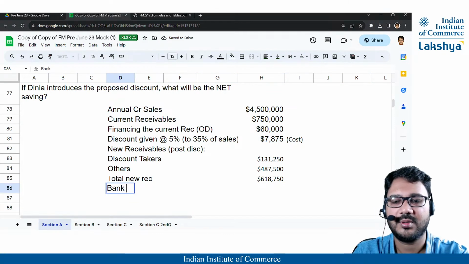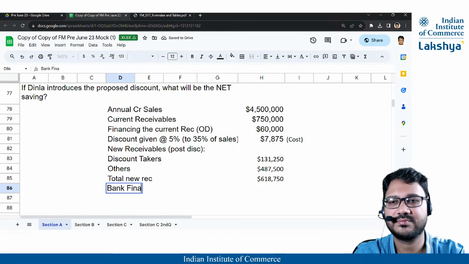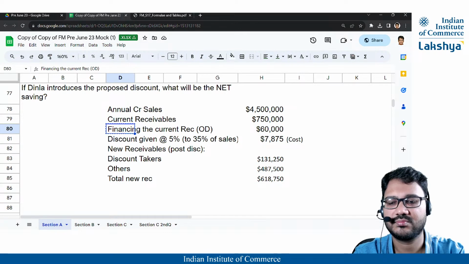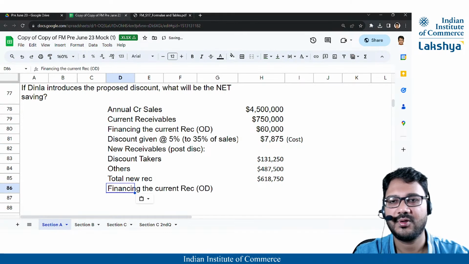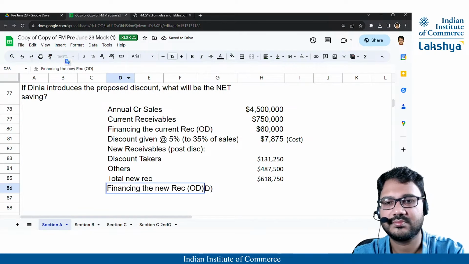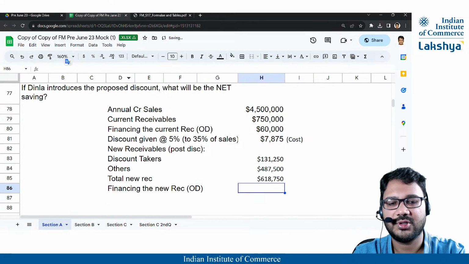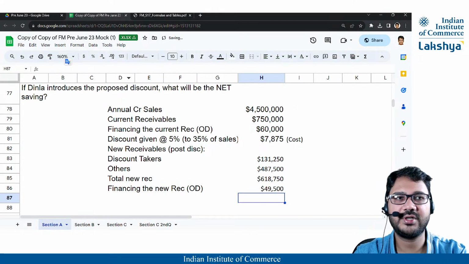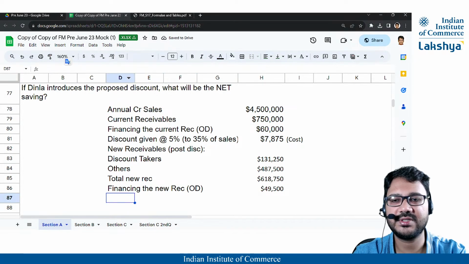Now the bank financing on the new receivables would be this into 8%. All right, 49,500. So how much are we saving?